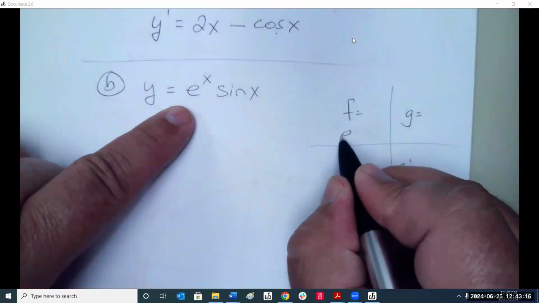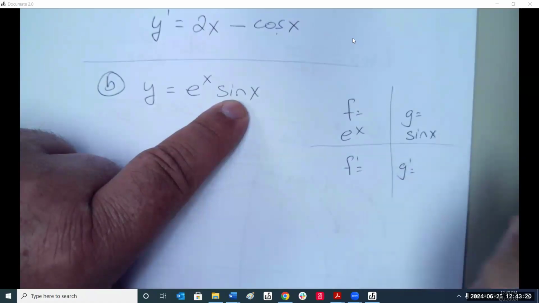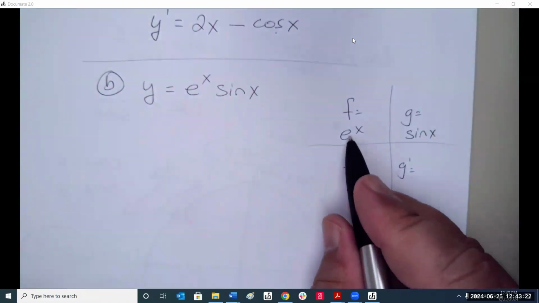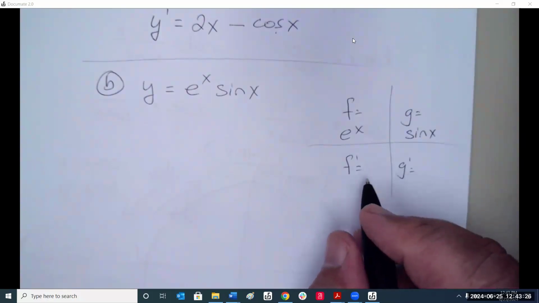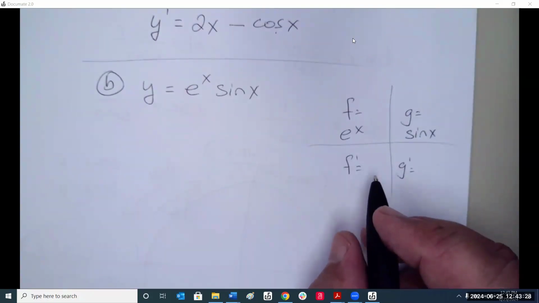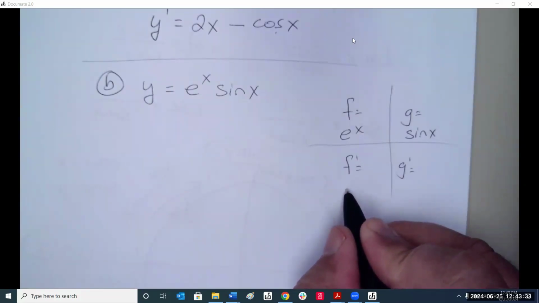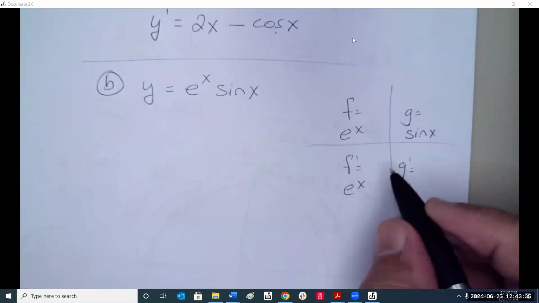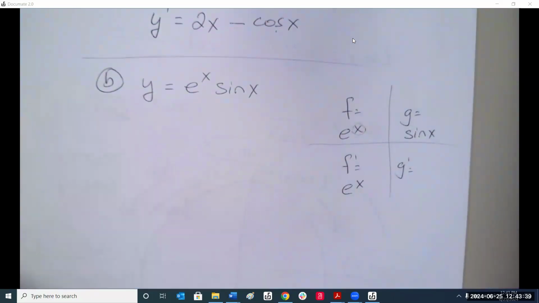So f is e to the x, g is sine x. What's the derivative of e to the x? It's e to the x times the derivative of the exponent, which is 1.